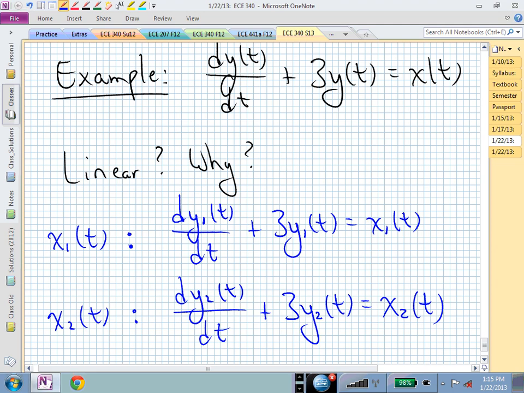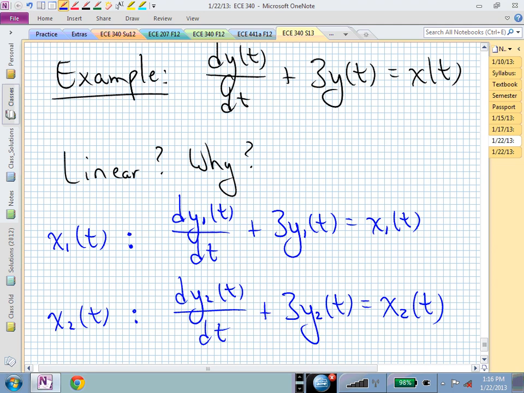I insert one waveform as an input, x sub 1, and that produces a y1 for an output, which must satisfy that differential equation. I introduce a second input, and the output associated with that, which has to satisfy that differential equation, I'm just going to call y sub 2.